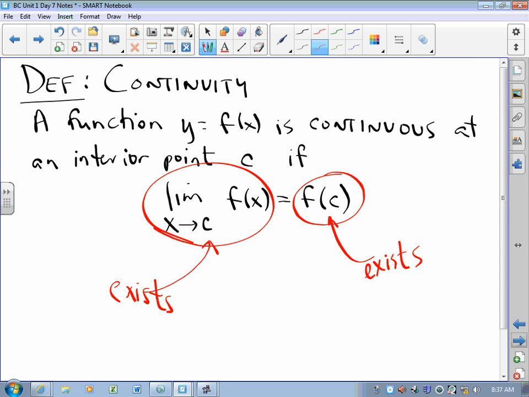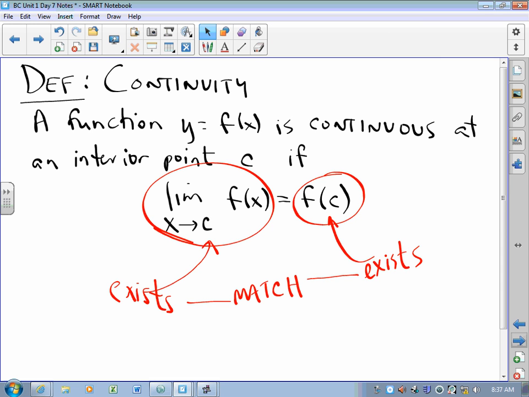The function actually has to be defined at C, and then those two things have to match. So it's really a three-part definition. The limit as x approaches C has to exist, the function value has to exist, and they have to match.